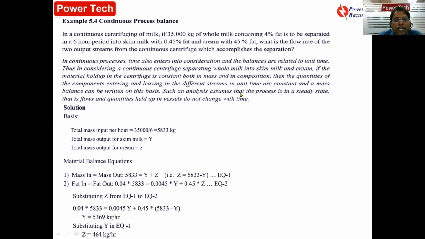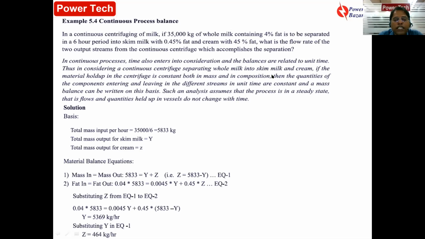Such an analysis assumes that the process is in steady state, and its flow and the quantity held up in vessels do not change with time. That means in the vessels, milk is coming in, some milk is accumulated in the vessels, and the processed milk comes out of the vessels. Here the mass balance is particularly in the vessels.